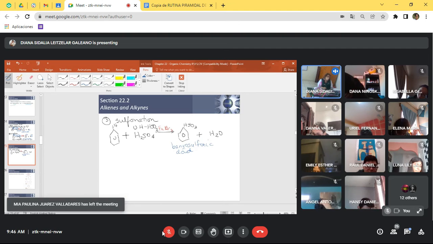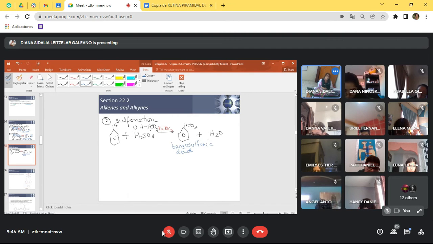What happens is that it breaks into these parts, OH and HSO3, and this is the part that attaches. The water again leaves with the OH, the H leaves with the OH forming water.